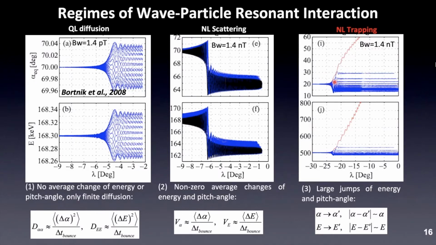Also, for the nonlinear trapping, we see very efficient energization of these particles. The pitch angle variation is related to the energy in this sense. It just means that nonlinear effects can trigger more effective energization and scattering than quasi-linear diffusion. That's the main point I want to deliver here.